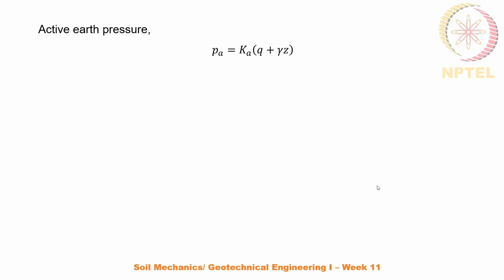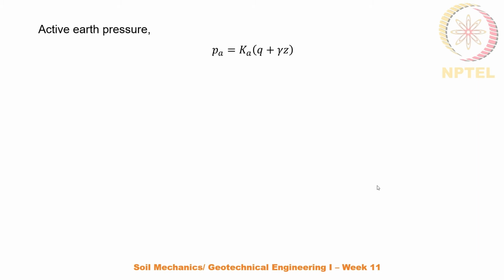Now we know that active earth pressure Pa is equal to Ka into (q plus gamma z). In the first question we had seen one more term involving c, that is cohesion, but since here it is a cohesionless soil or sandy soil, we are neglecting that term, or that term vanishes.